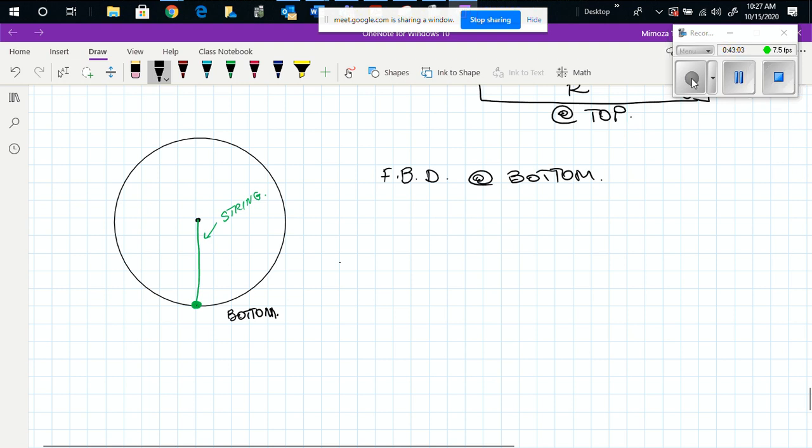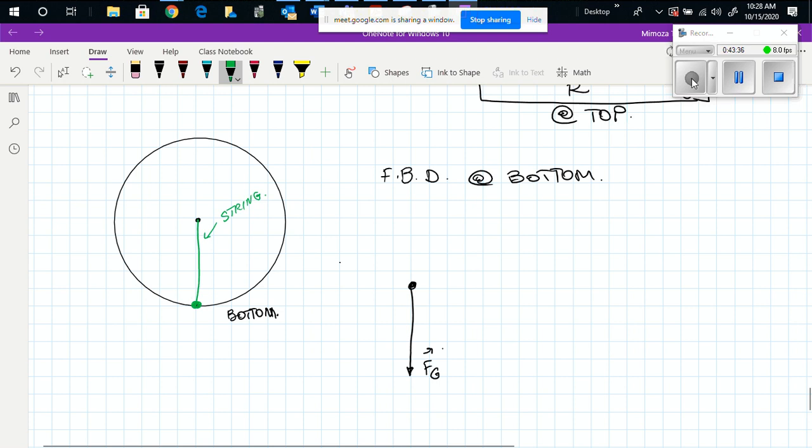of the circle. So we'll start with the object of our interest represented by a dot, and then we'll draw the force of gravity, which is always going down, because it is always like this. Force of gravity starts from the object and goes down to the center of the Earth. On the other hand, what we have here is the tension.